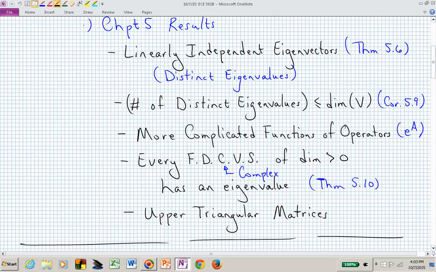Then we will talk about every finite dimensional complex vector space of dimension greater than 0. I should say every operator on a finite dimensional complex vector space of dimension greater than 0 has an eigenvalue.